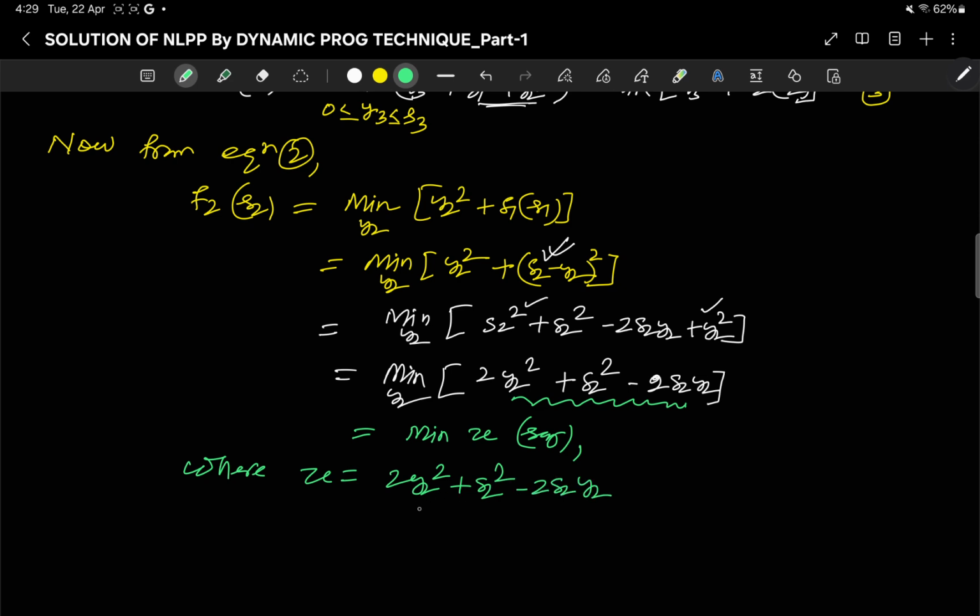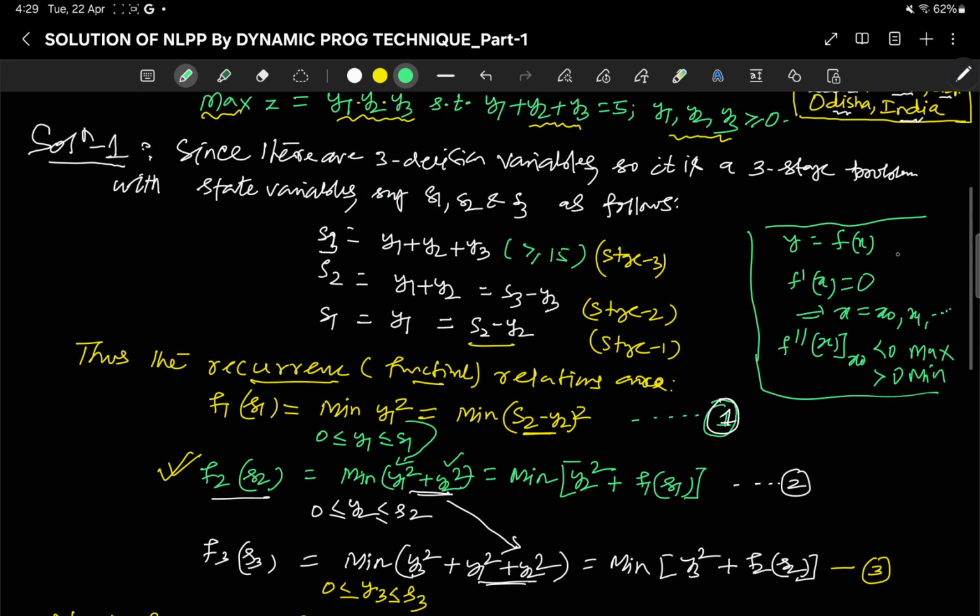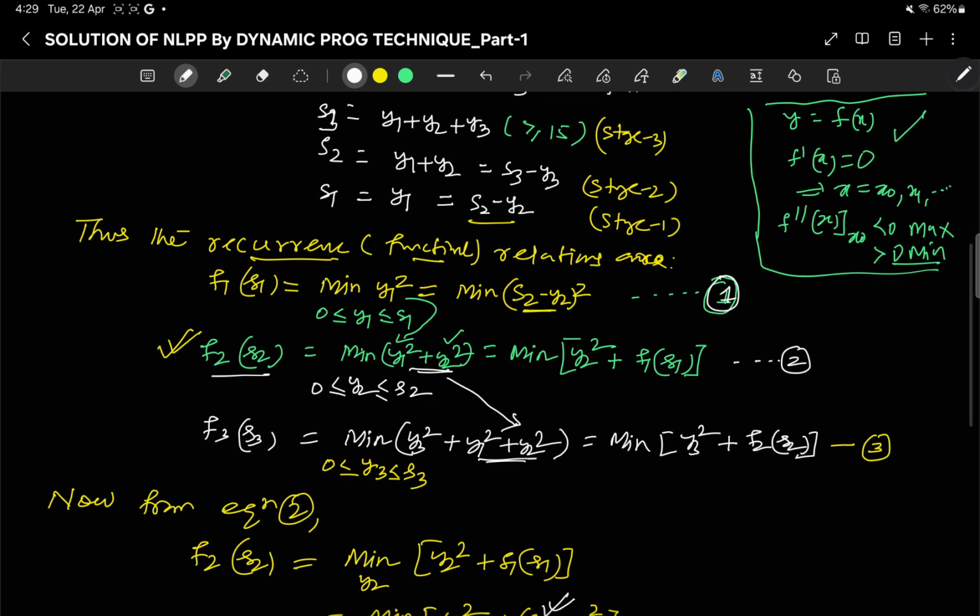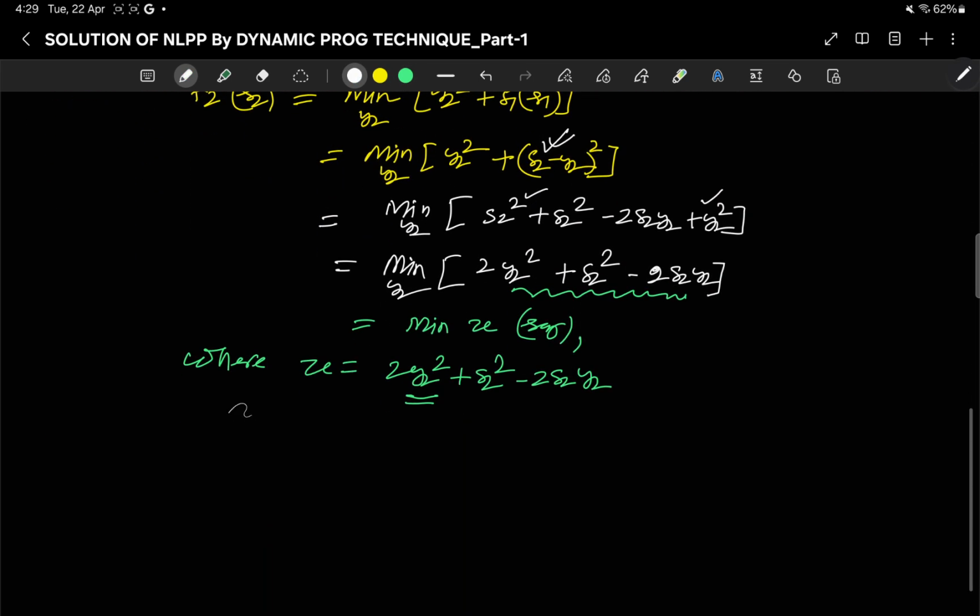So now I want to solve for y2 in terms of s2, using this principle: first derivative is 0, and since it is a minimization problem, the second derivative should be positive. So what is du by dy2?